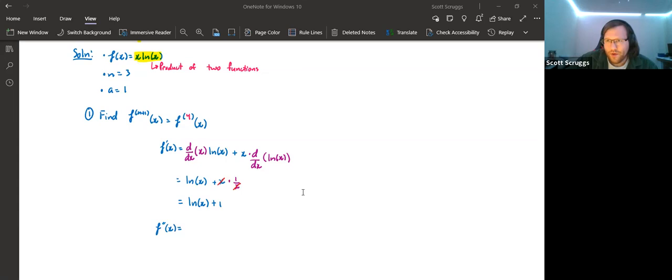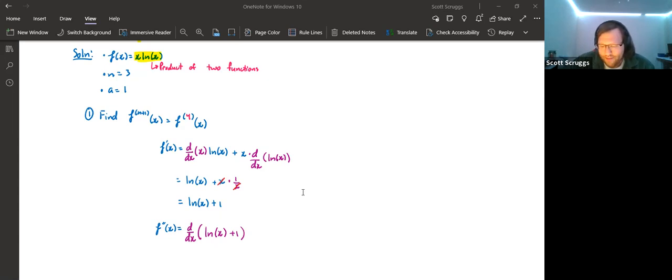Now I need to march forward. Take the second derivative. The second derivative is the derivative of the derivative. So that means we want to take the derivative of natural log of x plus 1.